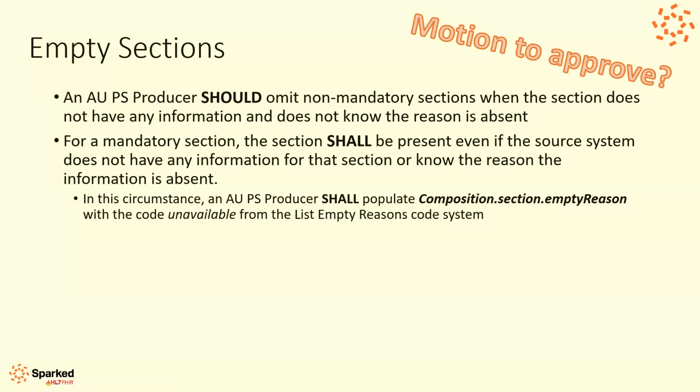Everyone was in favour of it at the conformance session last Friday. I'm going to make the motion to approve these requirements. So motion to approve that an AUPS producer should omit non-mandatory sections, and for mandatory sections, they shall populate the composition section empty reason with the code unavailable from the list empty reason code section.